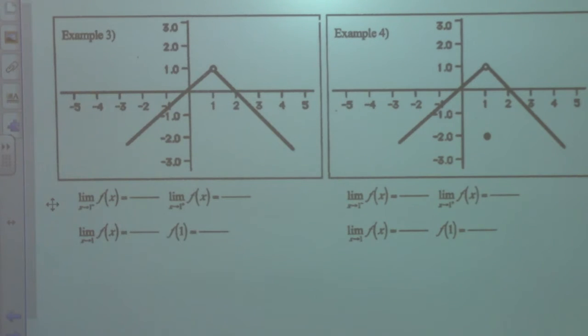We're going to continue working on our limits graphically, and we may get into note card 2 today, but let's just go ahead with what we have here. So we have example 3, and you have this on your paper? Because we finished example 2 yesterday, didn't we?